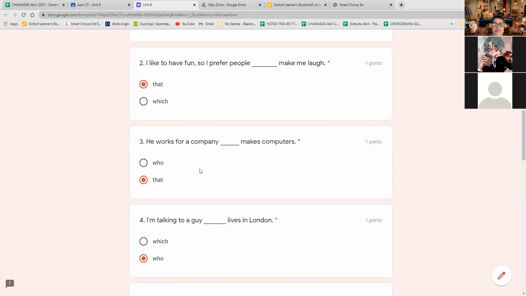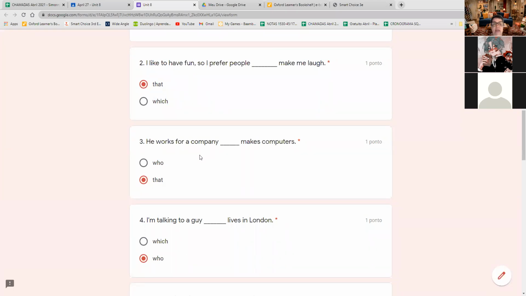You're welcome. So here in number 3, I'm saying he works for a company that makes computers. Why that? Because I'm talking about a company. So here it's a thing like a house, okay? It's the same idea.